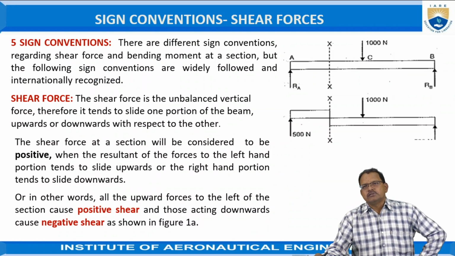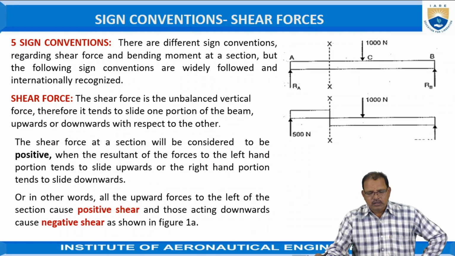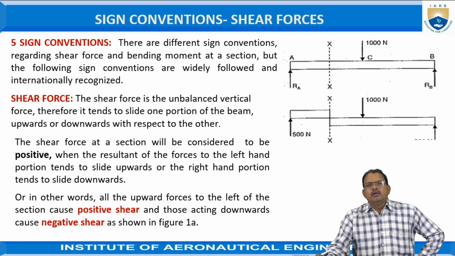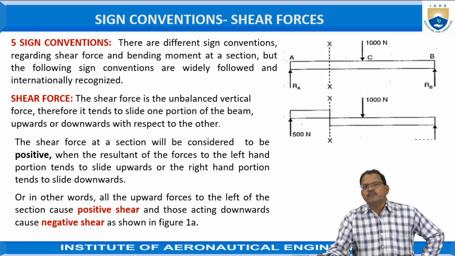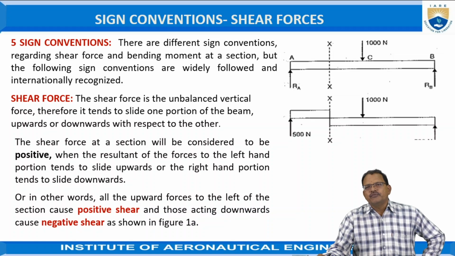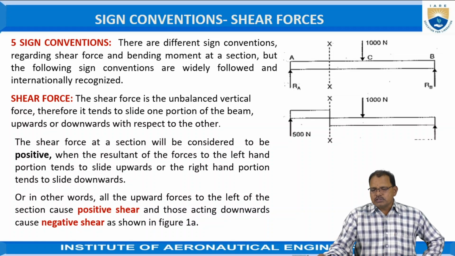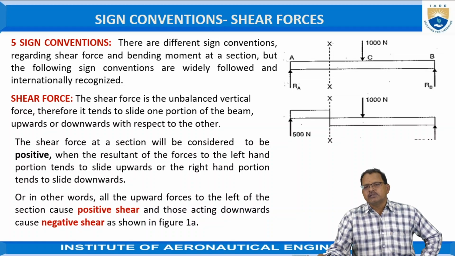Now the sign conventions. Earlier, when we discussed shear force and bending moment diagrams, the shear force is the unbalanced vertical force acting on a beam at the section we have taken. But some forces act in the downward direction, and others act upward.